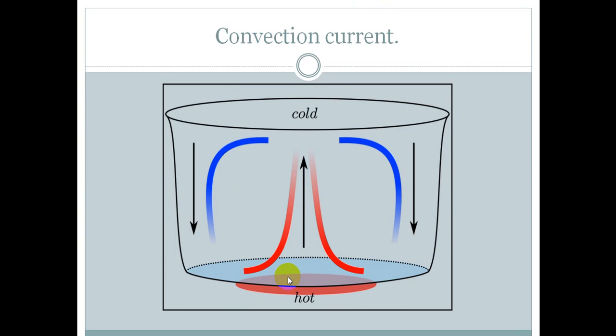According to convection, what will happen? The hot part will move up and the cold one will get down to get hot also. So convection is happening here within a liquid.